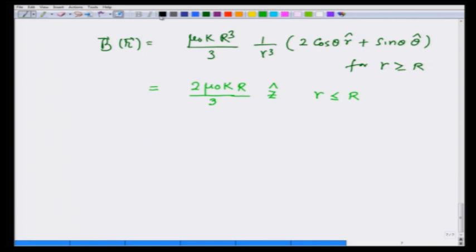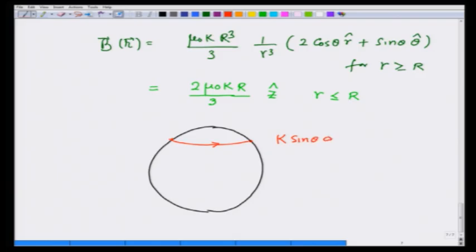So, you see when I look at this sphere, a spherical shell that has surface current K going like K sin theta in phi direction, the field inside is constant. It is similar to electric field being constant if a shell had a surface charge density which was sigma naught cosine theta.